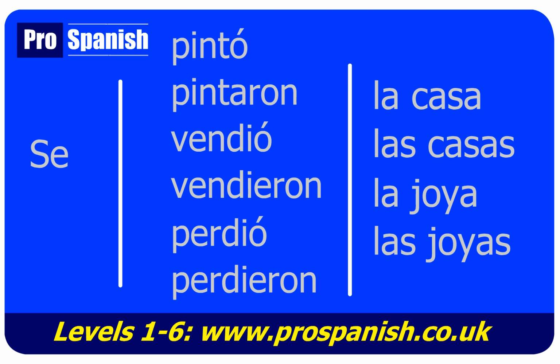Okay, so how would we say the houses were painted? I haven't added in the time phrases, but it could be el año pasado. So the houses were painted. What would that be? Se pintaron las casas.